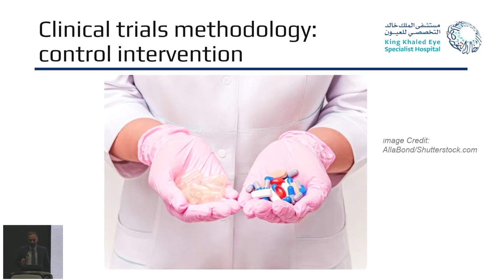Now, an important aspect of clinical trial methodology is a control intervention. And what that means is you have an active treatment and you have a control treatment, usually known as a placebo. Now here you can see there is a control treatment and an active treatment. But can anyone see what might be the problem with this kind of trial?